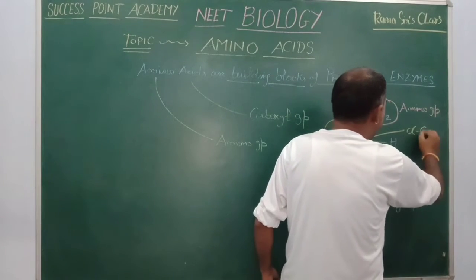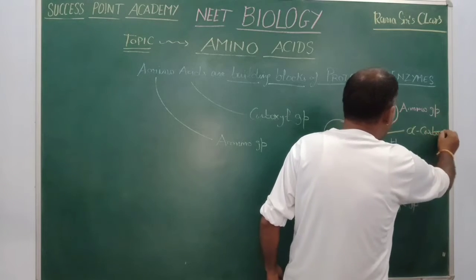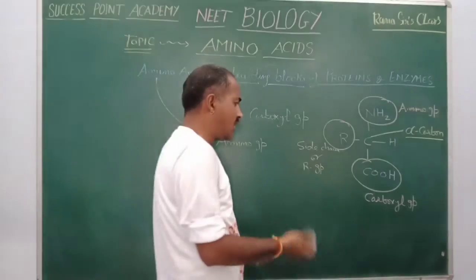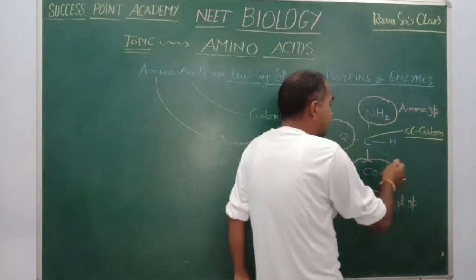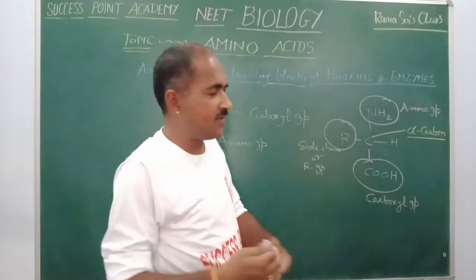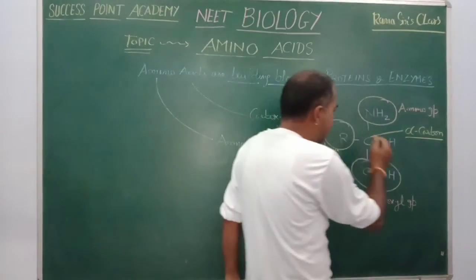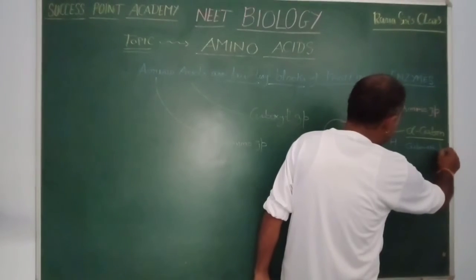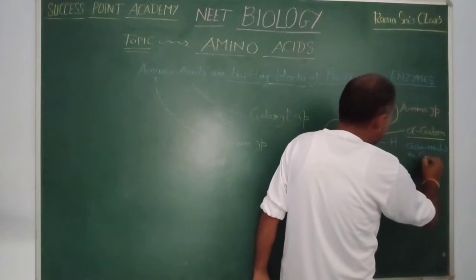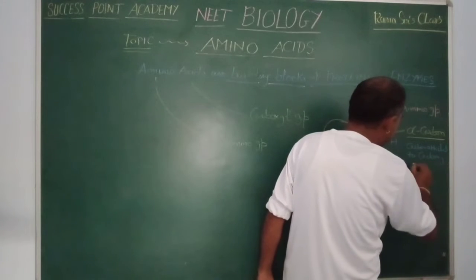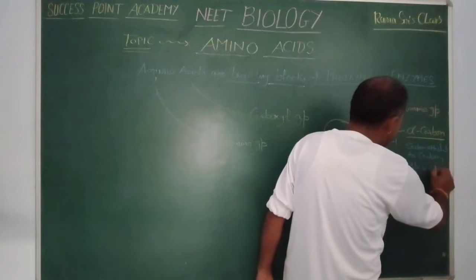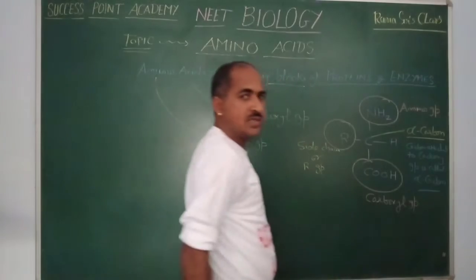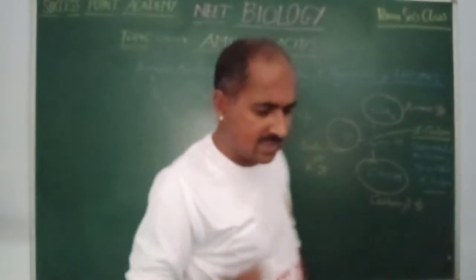This is the alpha carbon. Alpha carbon is which carbon? Ultimately, everybody knows, in organic chemistry we have seen this. The carbon attached to the main functional group is the alpha carbon, and here the carbon attached to the carboxyl group is called the alpha carbon. Right, students? This is the alpha carbon.